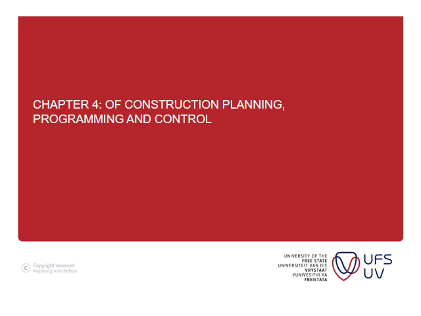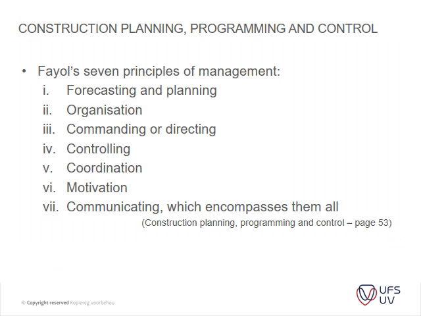Chapter 4 is about construction planning, programming, and control. Here we're getting a little bit into the meat of things. Construction planning, programming, and controls follow the FOIL 7 principles, which are very important.